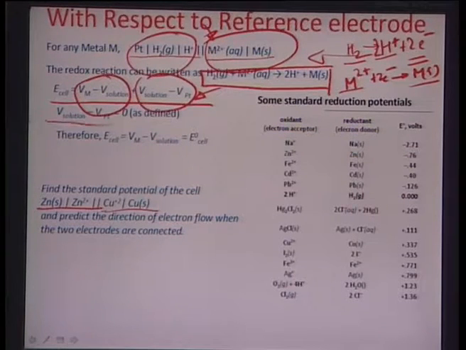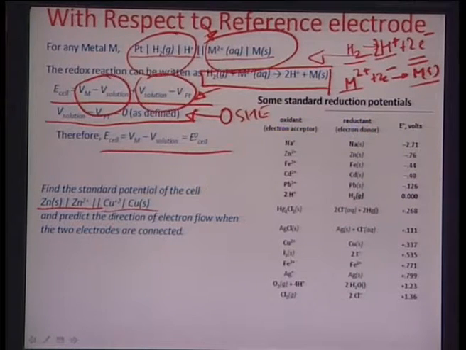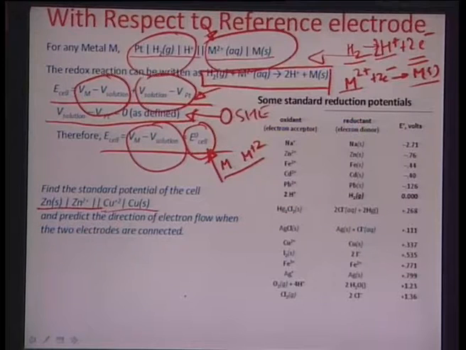We define the voltage of solution minus platinum to be 0 because that is the scale of the SHE, the standard hydrogen electrode, and therefore E cell comes out to be nothing but Vm minus V solution, and we call this the absolute potential of the particular metal ion combination. Very useful to find out.